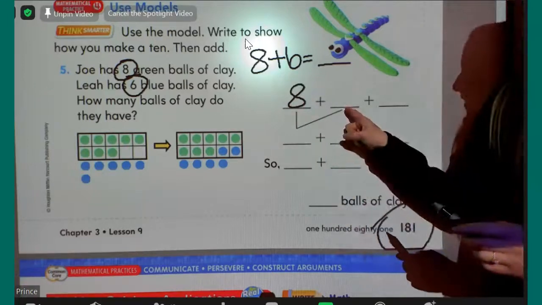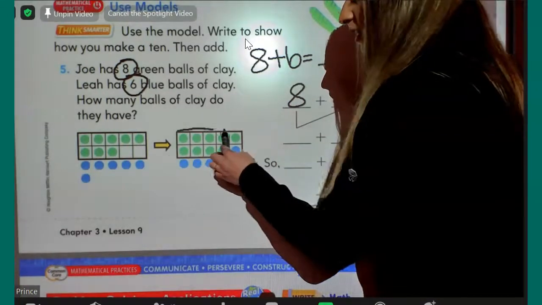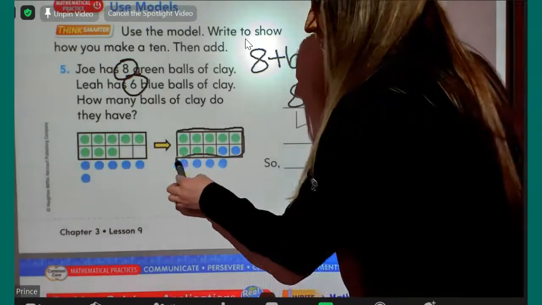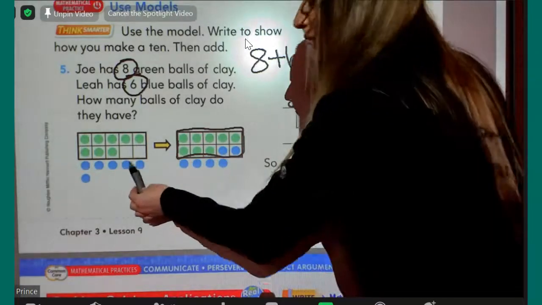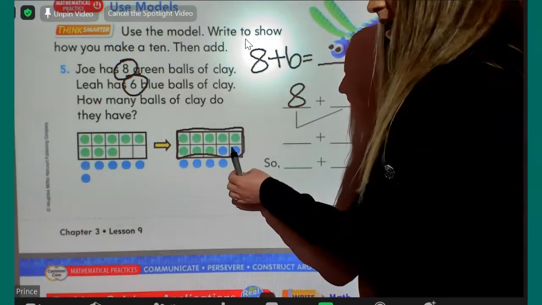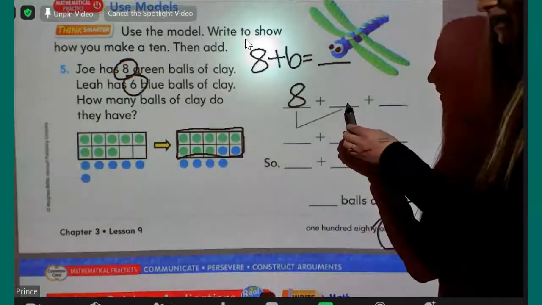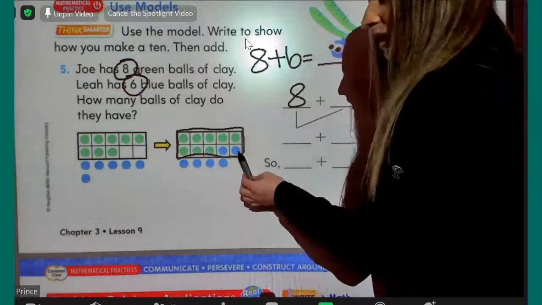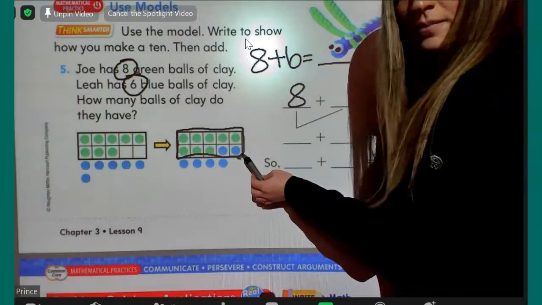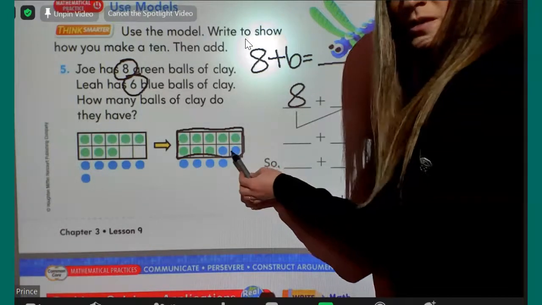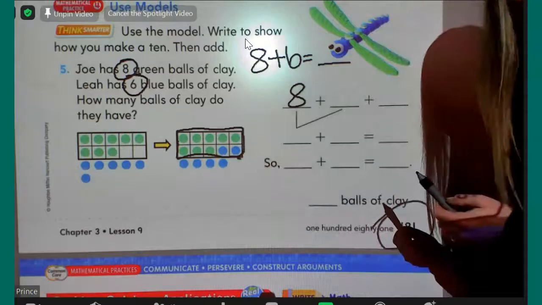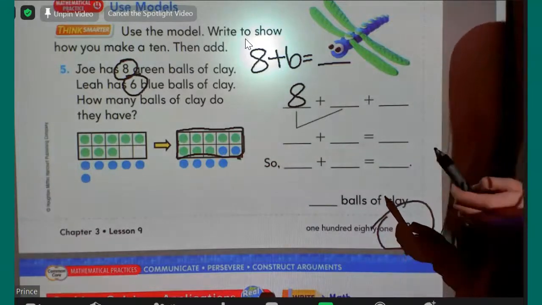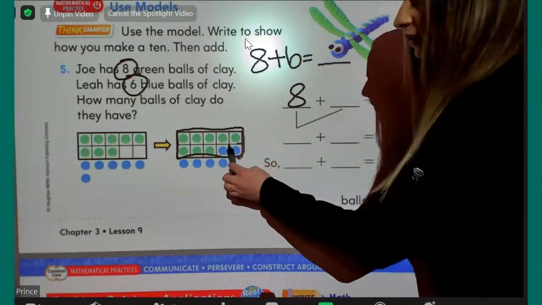We have a plus sign here because in this picture, we built a 10 by taking 2 of these blues and putting them in the box. So what are we adding to the 8 green to make a 10 frame, Alakai? How many of the blue ones are in the 10 frame? 6. Just right here.